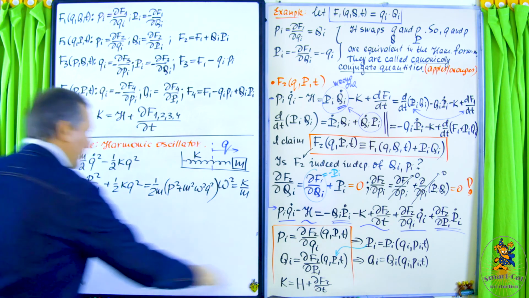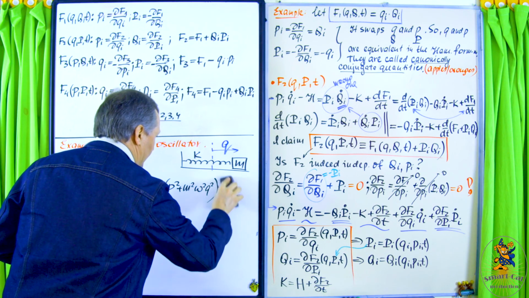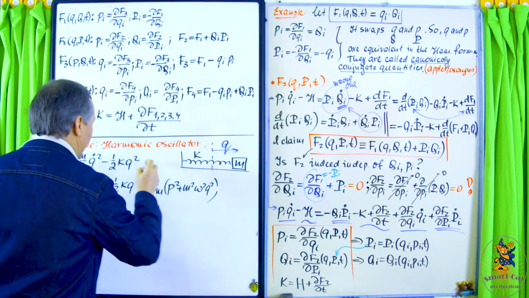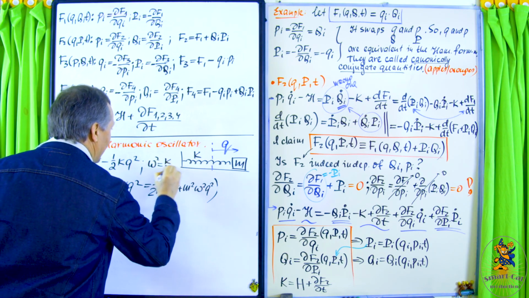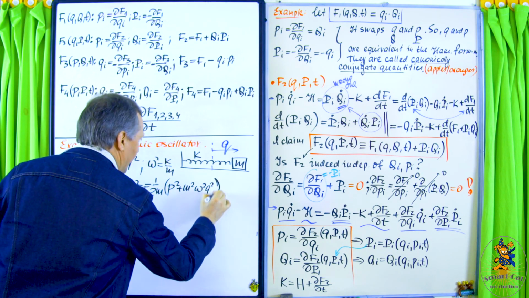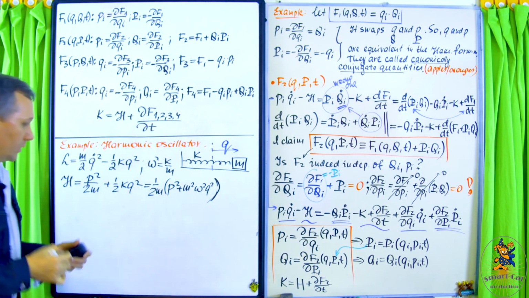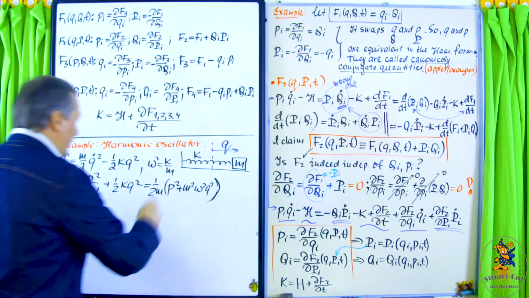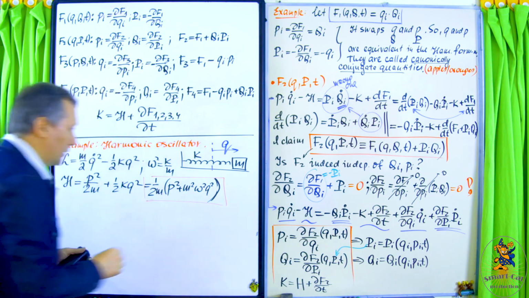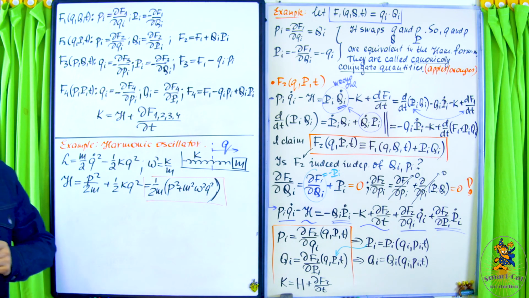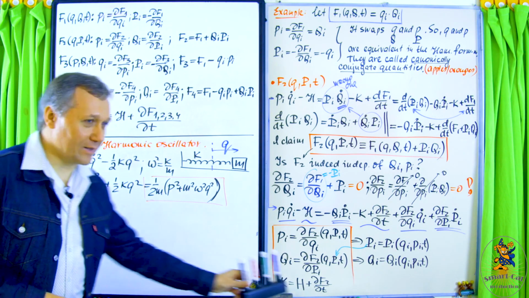Okay, you know what, that introduced constant is in my way. Let's introduce it here: omega squared equals k over m. So that will be our Hamiltonian, and from this point, we will continue next class.